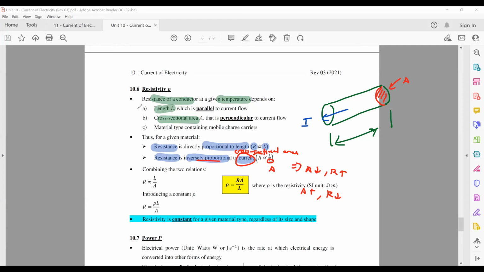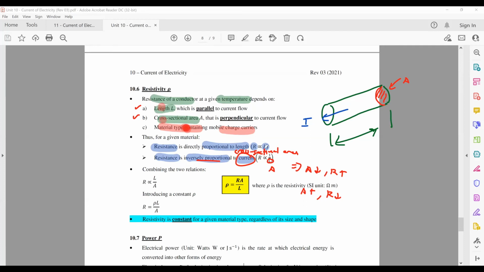So these two factors affect resistance: length and cross-sectional area. Another thing that could also affect resistance is the material type that contains the mobile charge carriers. There's a particular physical quantity that relates to this, but to get that, you have to relate these two other parameters together.